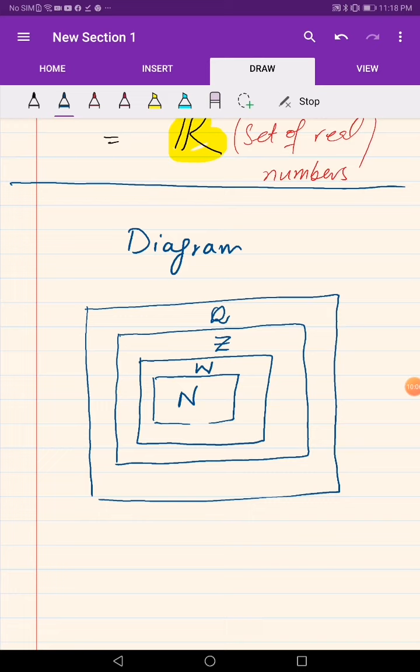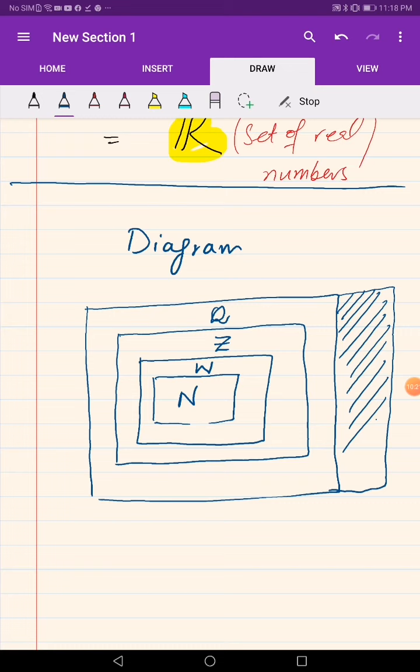Then after that we have another set of numbers which is outside, which is not a rational number, the irrational numbers, represented by I. Collectively, all rationals and irrationals, we call them the set of real numbers.